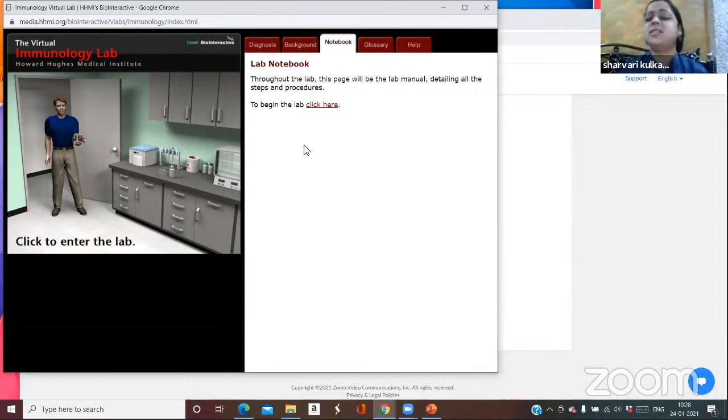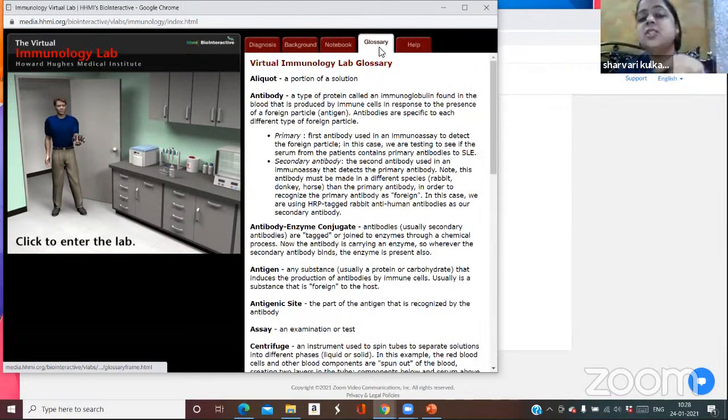The system will note whatever steps have been performed and the reason behind them. So it will tell you why all the steps are performed. That is also very good. Then the glossary, which is related to the experiment, so all the glossary of ELISA will be mentioned, and then the technical help. So let us do it one by one, and experience it as if we are doing it.